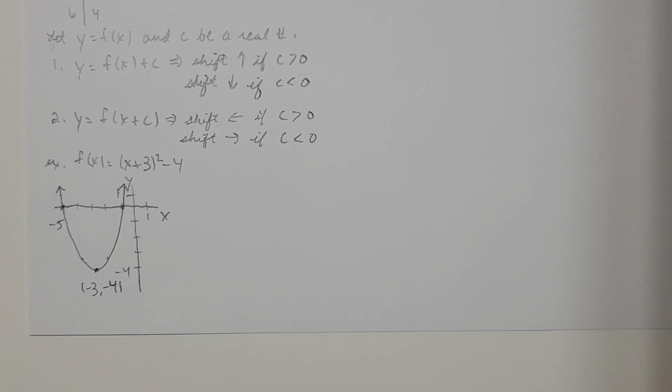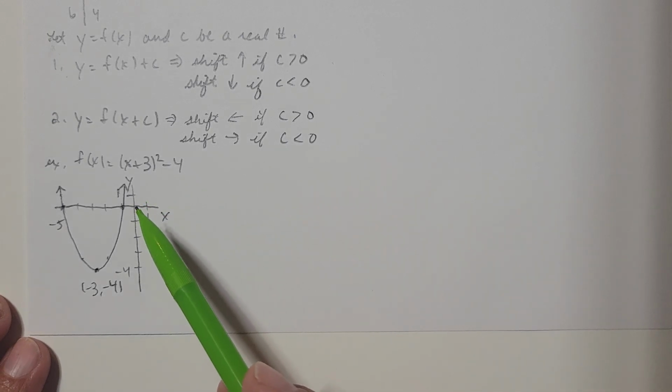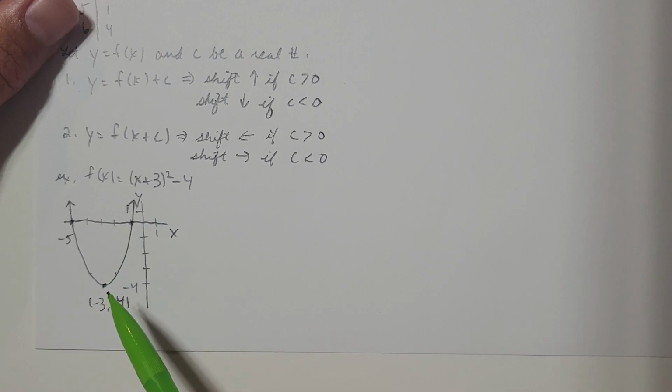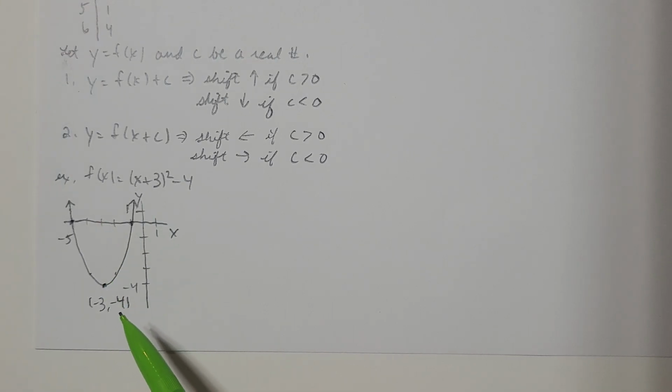So 0, 0 is on the original graph there. If I go to the left 3 and then down 4, that's going to put me at -3, -4. -3, -4 is called the vertex of the parabola, and we'll talk more about that in another section. The vertex is the highest or the lowest point.